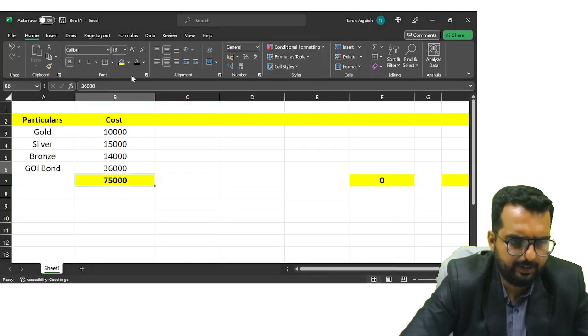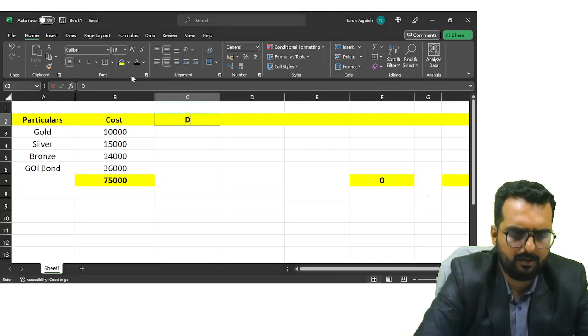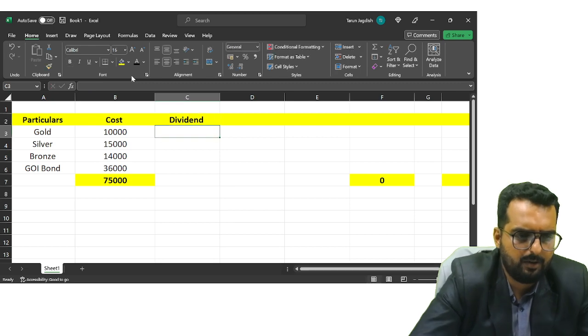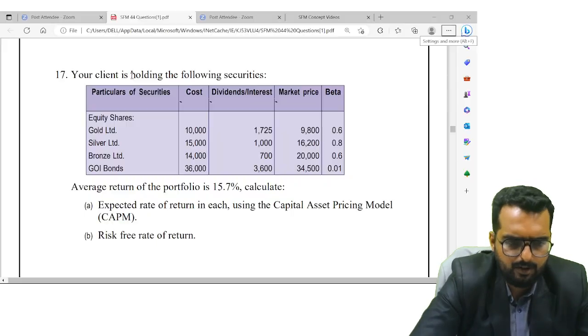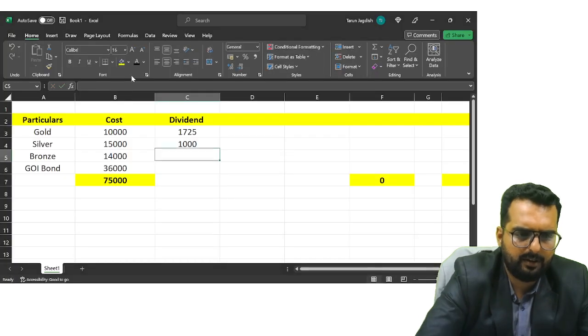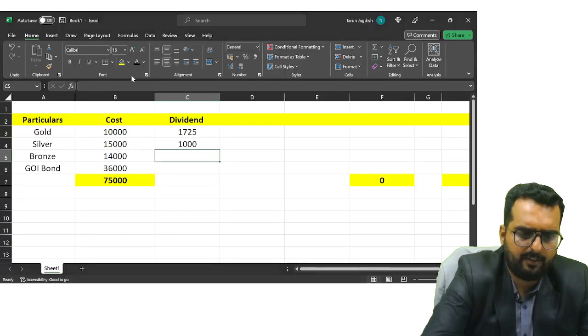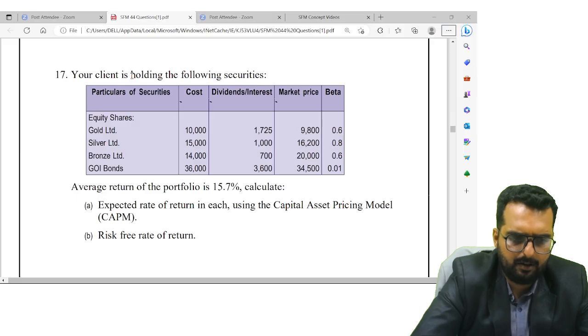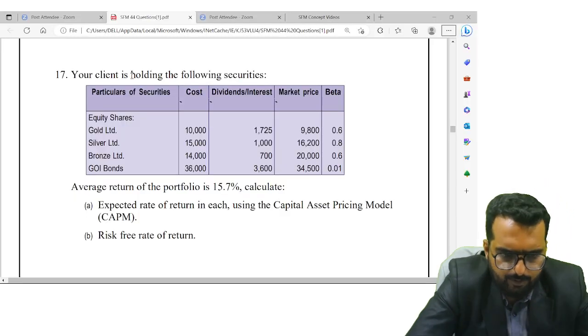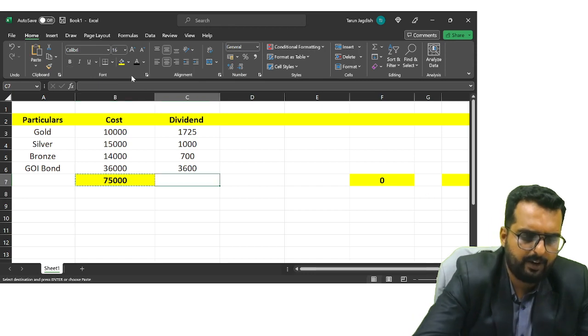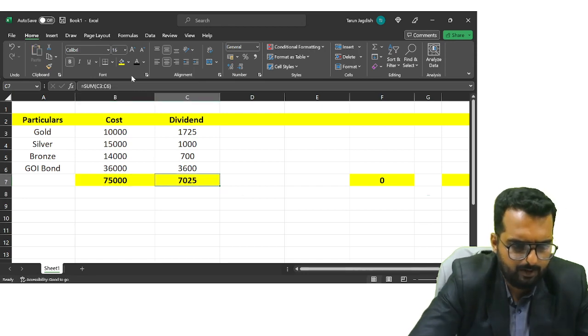Okay, then you have dividend. Dividend is how much? 1,725. Second one is 1,000. Third one is 700. The fourth one is how much? 3,600. Alright. And from this, can I find out the total also?